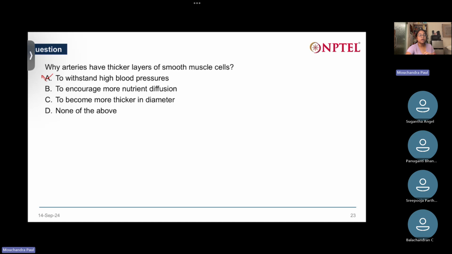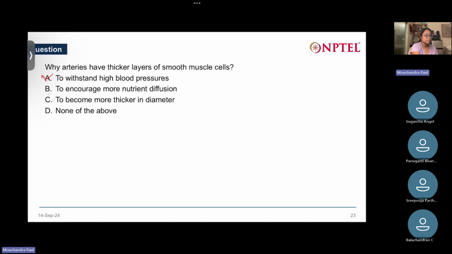But as we go up towards the structure of the aorta, to withstand that variation in blood pressure, meaning how fast the blood is flowing, and to avoid rupturing, the smooth muscle cells give the ability to contract and dilate accordingly. That elasticity is needed to withstand this high amount of blood pressure. So that is why the arteries and the aortas have a very thick layer of tunica media.